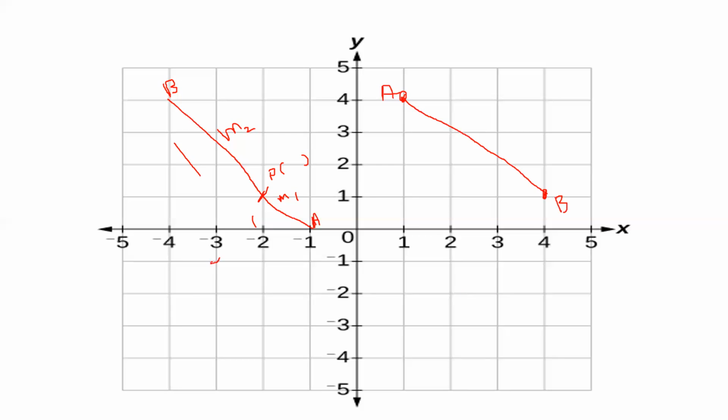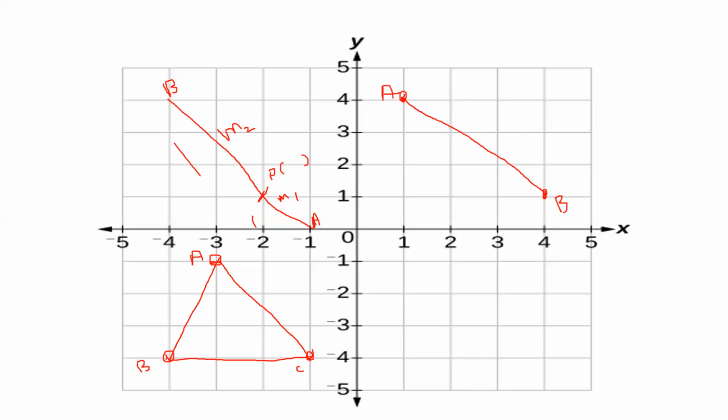Now see here, guys, there are 3 points A, B, C. If there are 3 points A, B and C, join the points AB, AC and BC.